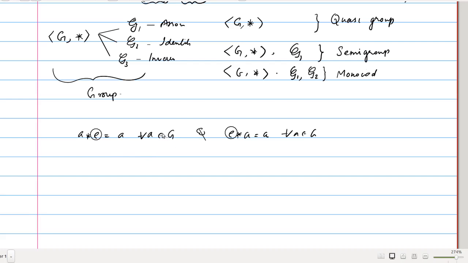If you are given only one of these conditions, you can prove that the other is also true in a group. Therefore, in the following theorems we are not going to consider both equations always. We will prove only one of these conditions. Either you prove the right identity exists, or you prove the left identity exists.